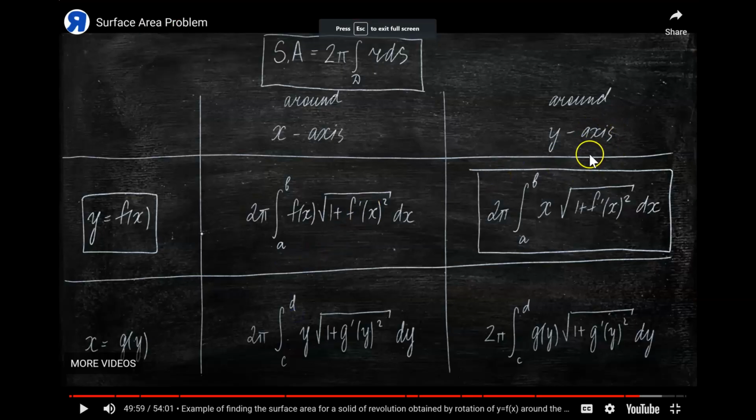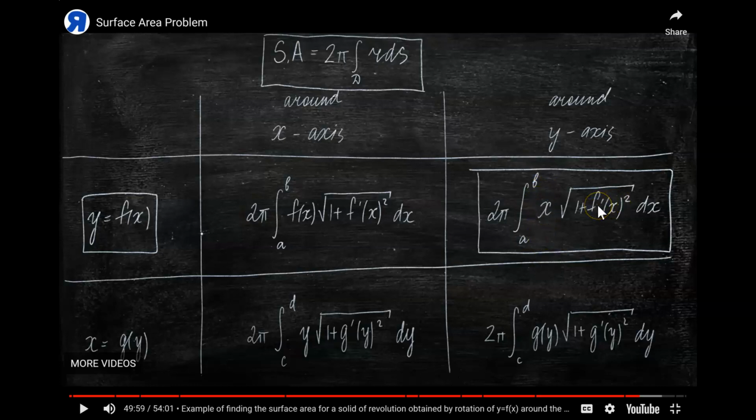We're rotating around the y-axis, and we can choose to integrate with respect to y or with respect to x, but we just have to carefully adjust the formula.